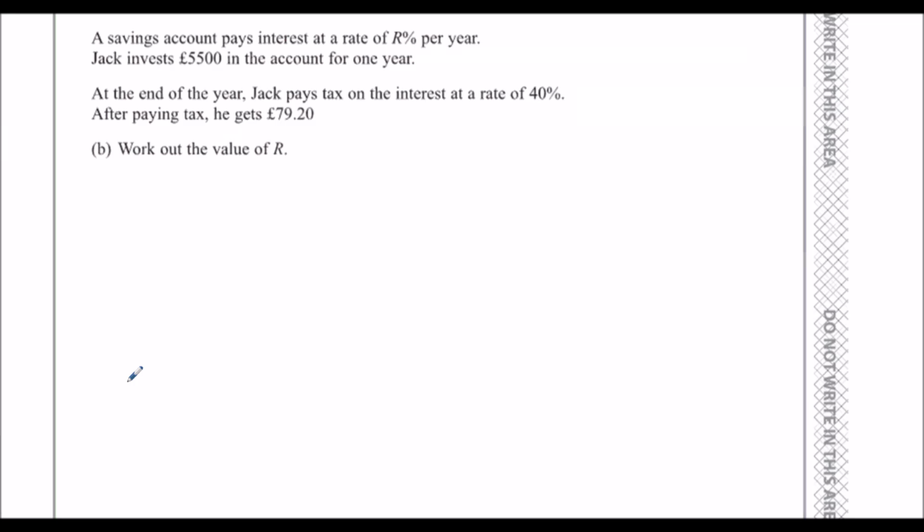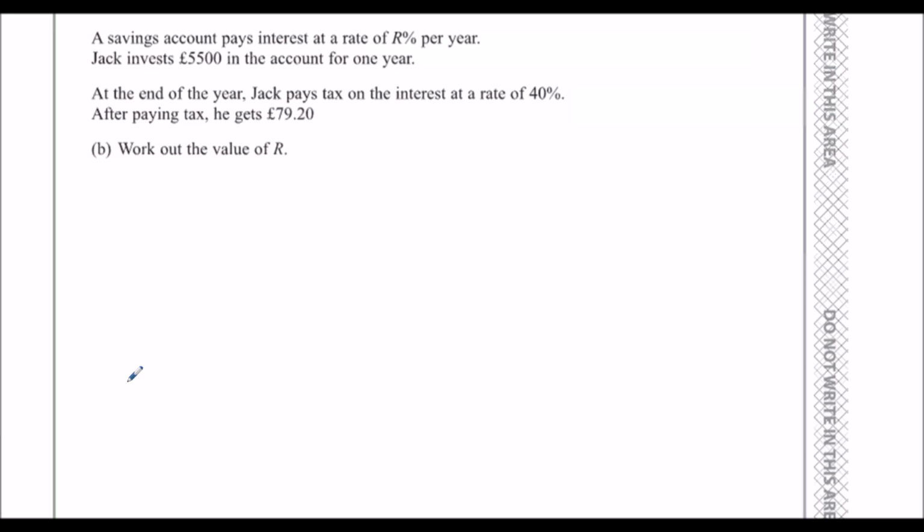A savings account pays interest at a rate of R% per year. Jack invests 5,500 in the account for 1 year. At the end of the year, Jack pays tax on the interest at a rate of 40%. After paying tax, he gets £79.20.